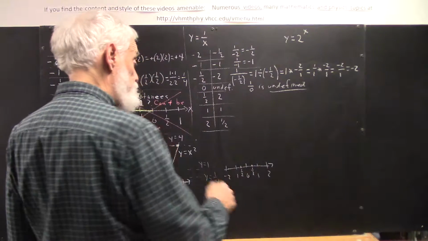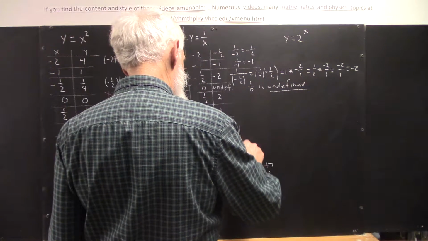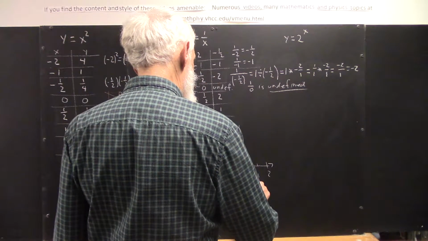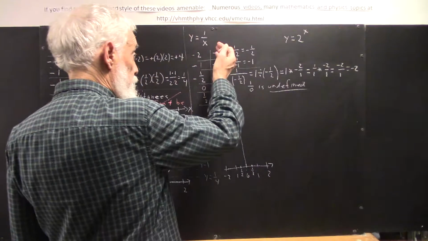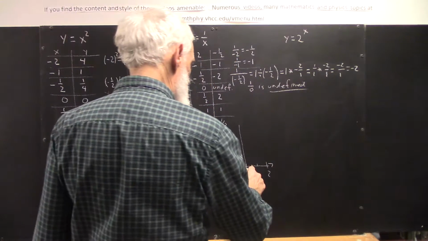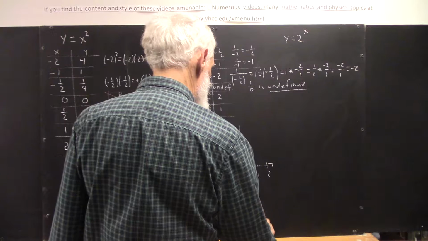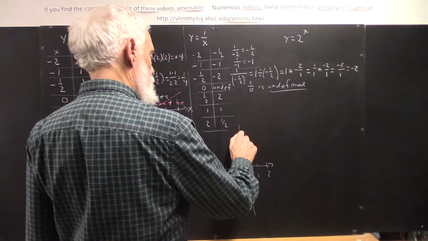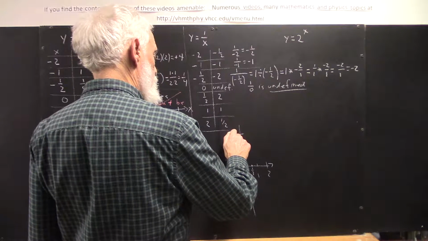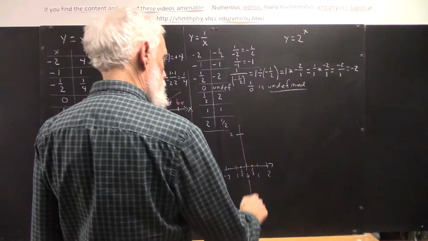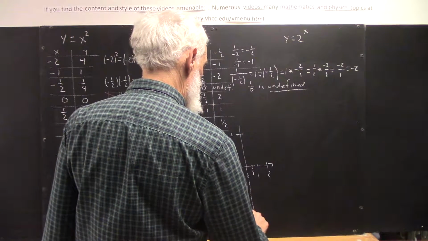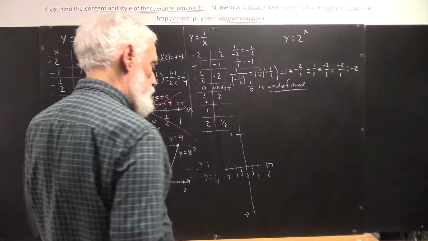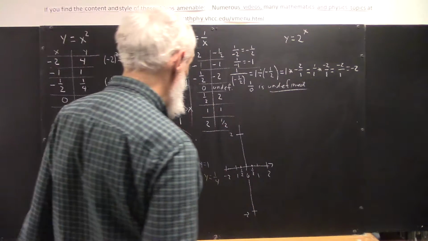Then we're going to do our y-axis, and we really only need the positive part of the y-axis because, no, I'm sorry, it's 1 over x, not 1 over x squared. Okay, so I'm going to put 2 here and -2 down here, more or less equal distances as best I can see from this angle.